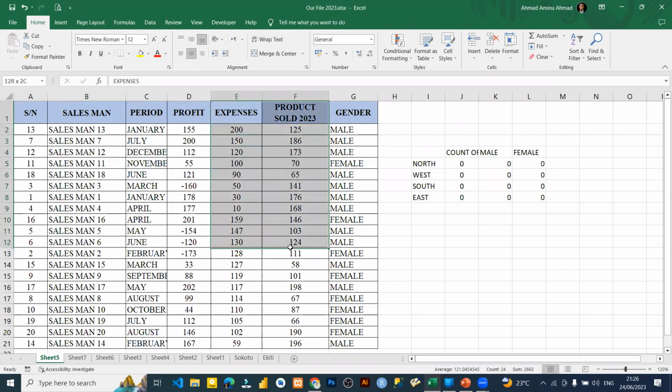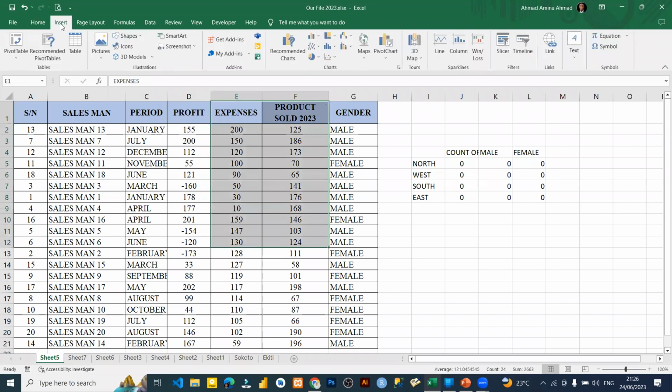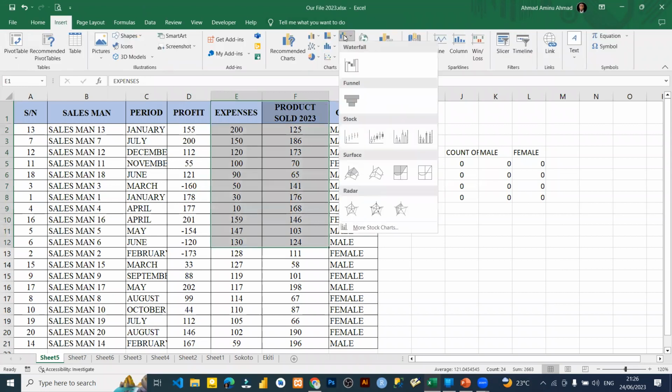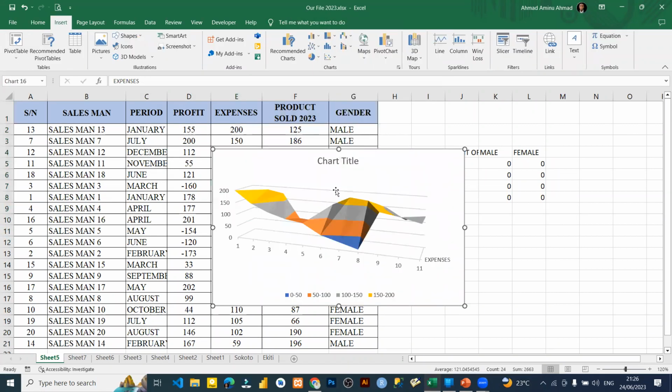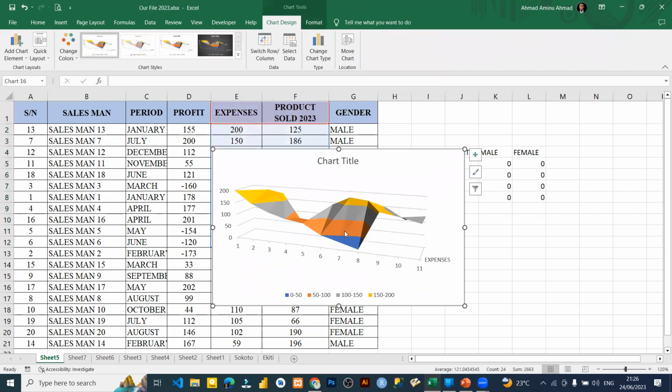So let me just use this data and show it so that you see how it looks. Come back to the waterfall, and you will see the surface. This is what the surface will show. It shows that the categories are numeric and the series of the data are also numeric. That's what the chart looks like.